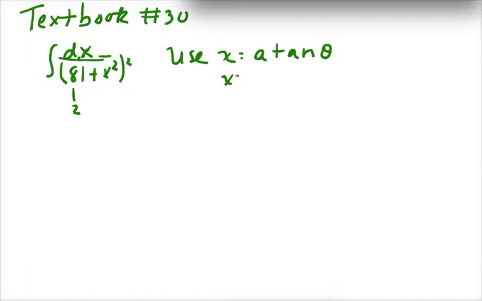right, which is just a is 9, so dx is equal to 9 secant squared theta d theta. Let's pull the denominator off to the side and work on that.